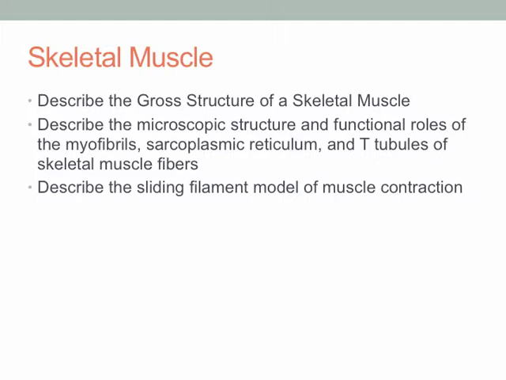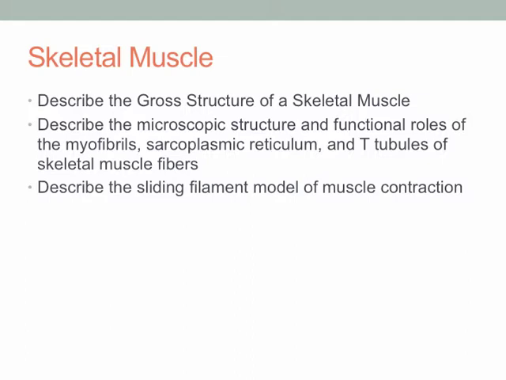Anyway, so the objectives for this section are to describe the gross structure of a skeletal muscle. Gross meaning just the basic structure, the basic anatomy, not the microscopic anatomy.